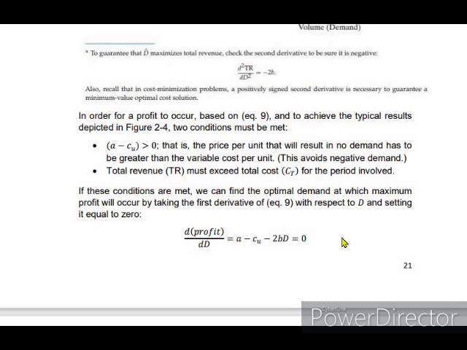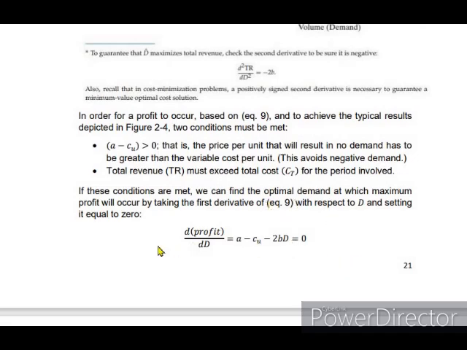So this avoids negative demand, because if the price per unit is less than the variable cost, it will result in a positive demand. Okay? So remember that. Second, total revenue or the TR must exceed total cost for the period involved.